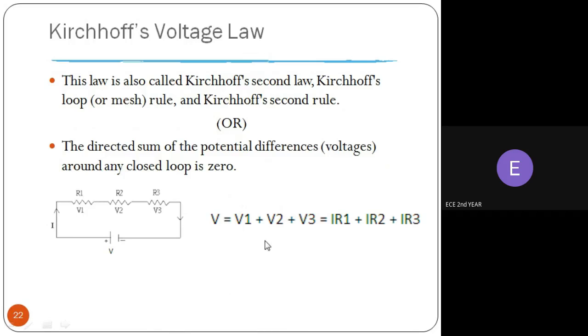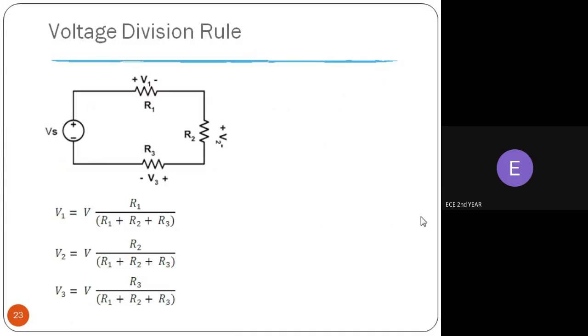So the sum of the individual drops is equal to the voltage rise inside the closed loop. V1 can be written as I into R1, V2 as I into R2, and V3 as I into R3. So V is equal to I into R1 plus I into R2 plus I into R3, which is Kirchhoff's voltage law.